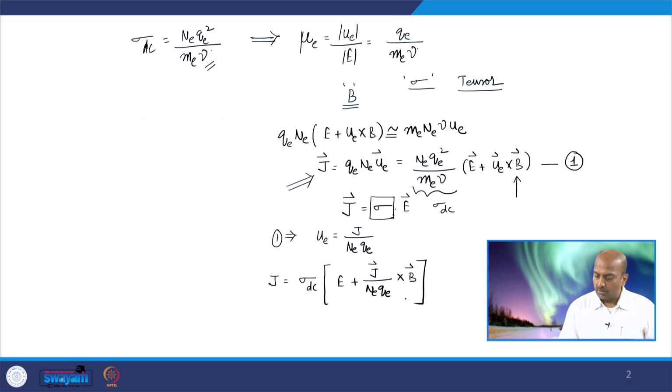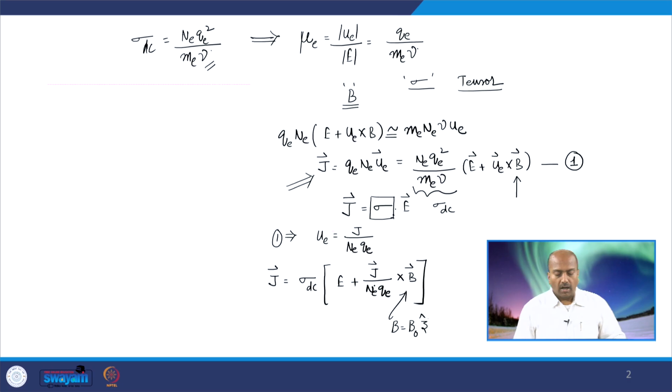Now we have to worry about this J cross B term, right? Now let us define the magnetic field in such a way that B is equal to, the magnitude is B naught and the direction is along Z cap. So we have to use this into this expression, evaluate the curl, and then find out the components of the conductivity.